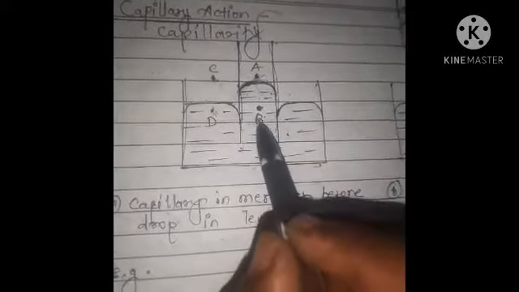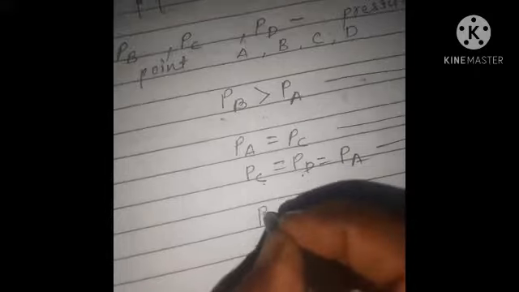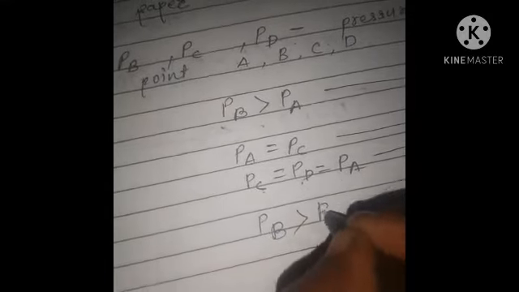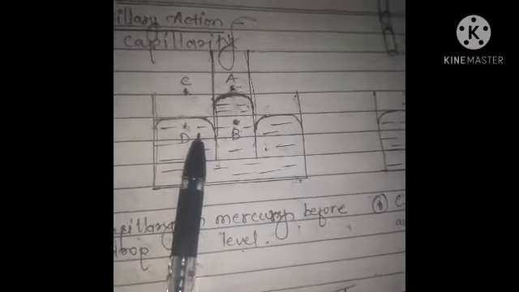So the pressure at B is greater than the pressure at D. Therefore, we can write PB > PD. Thus, see this diagram. The pressure at B is greater than the pressure at D. But these two molecules are at the same level.